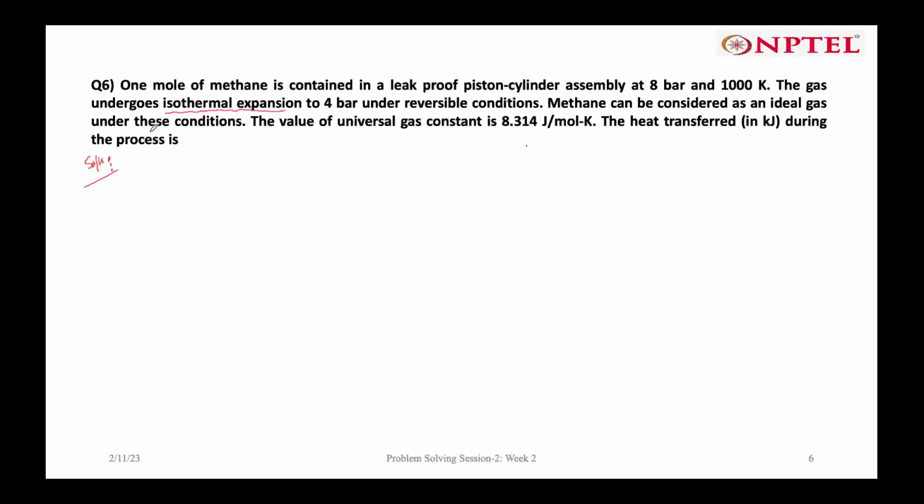So in this question we have to apply the first law of thermodynamics. Q minus W, or you can write Q plus W, where W is the work done by the system on the surroundings, or the work done by the surroundings on the system.